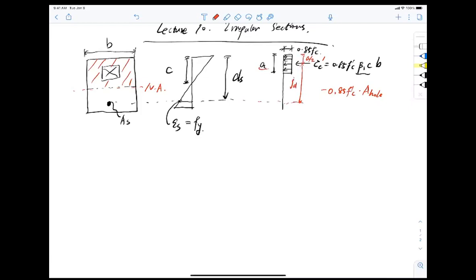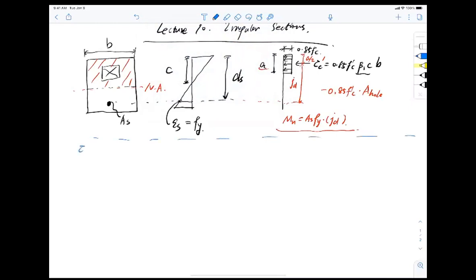And then I can get my moment, which is MN equal to AS Fy JD. So that is the process of solving an irregular section. Okay, so let's see. It's not hard, so let's take a look.